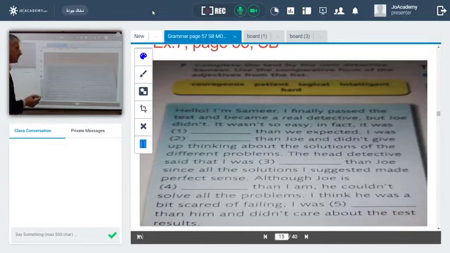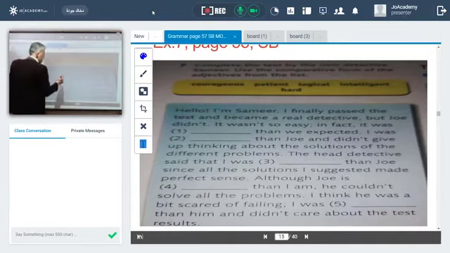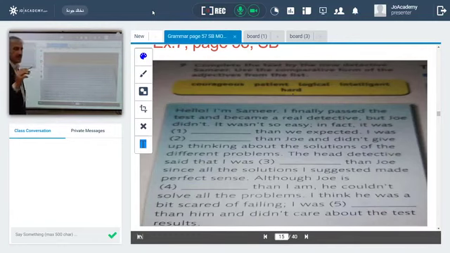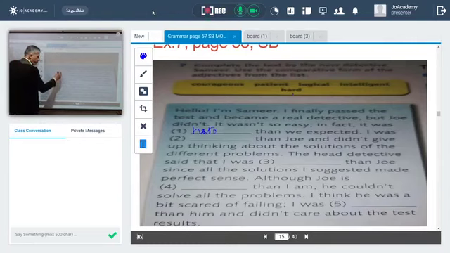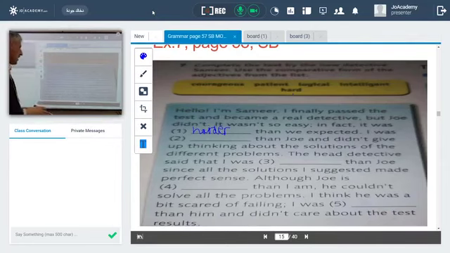Yeah, we need to put hard. So it becomes hard, one syllable. So we need to add ER to the end of the adjective. So it becomes harder. Harder than, أصعب من, harder than we expected. I was blank than Joe and didn't give up.